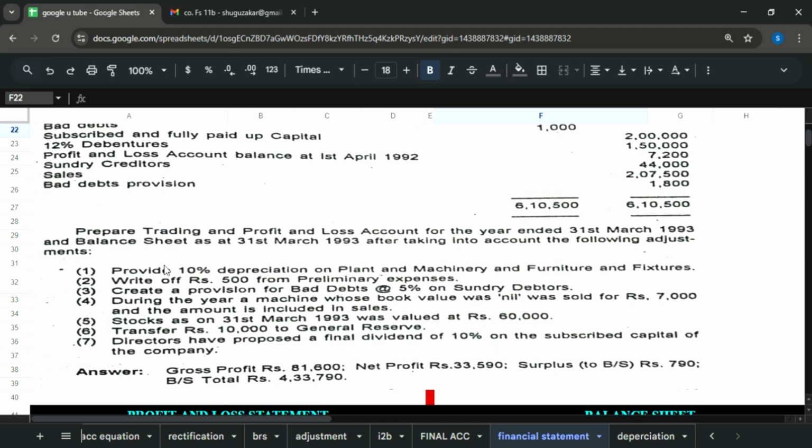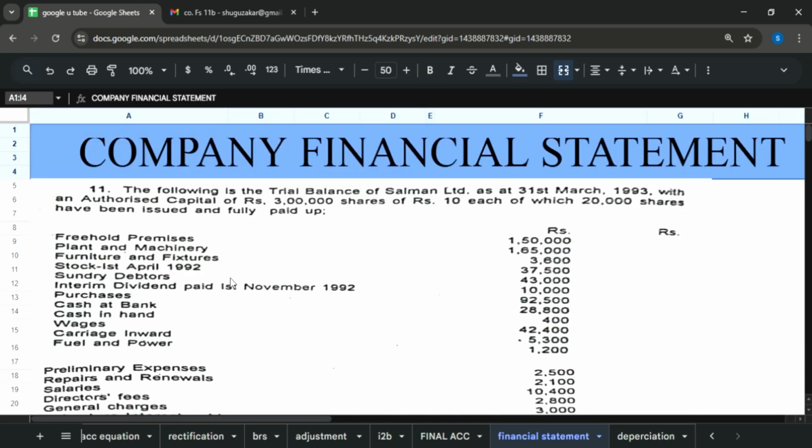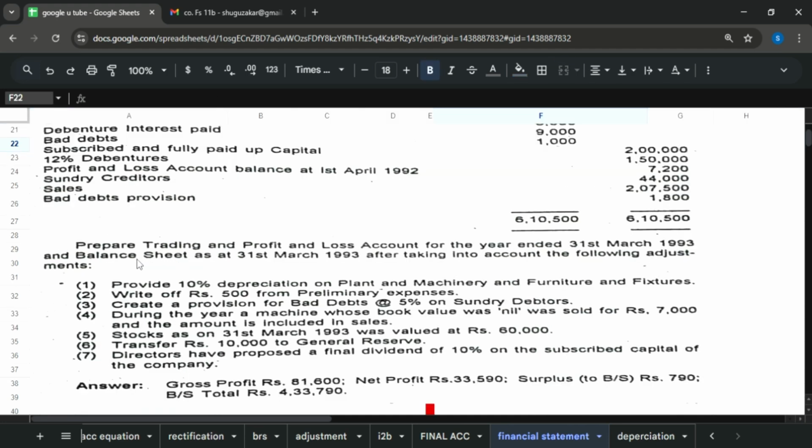After completing these adjustments, we'll go back to the elements of the trial balance and transfer them to the financial statements one by one. Since we are not going to focus on the trial balance first, we will complete our adjustments. So we are ready to start our question.